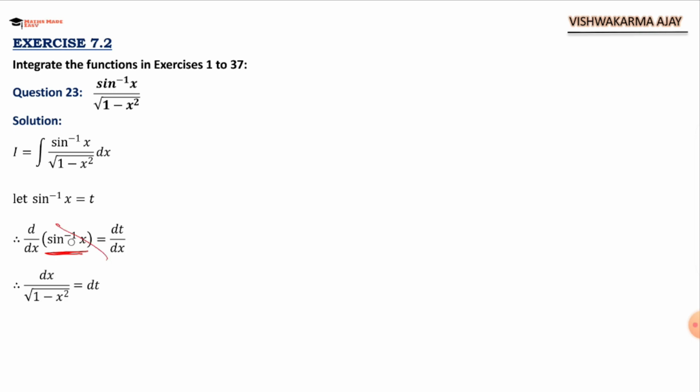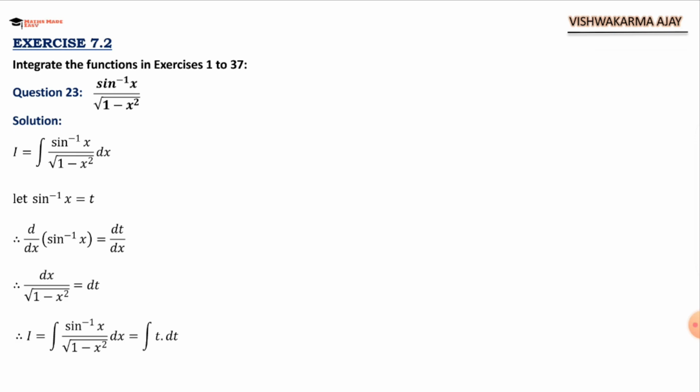This dx will come to the other side. So we have dx upon root of 1 minus x square as dt. This part is going to be our dt, and this is t as we have substituted. So I is equal to integral of sine inverse x upon root of 1 minus x square dx, which can be written as t times dt.